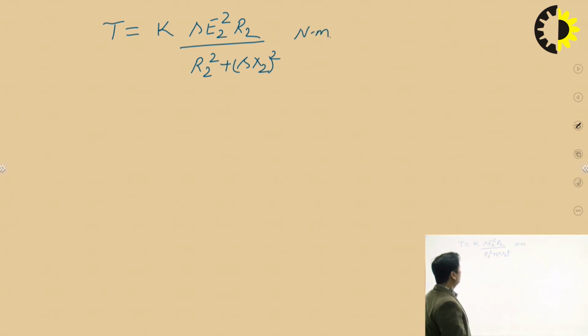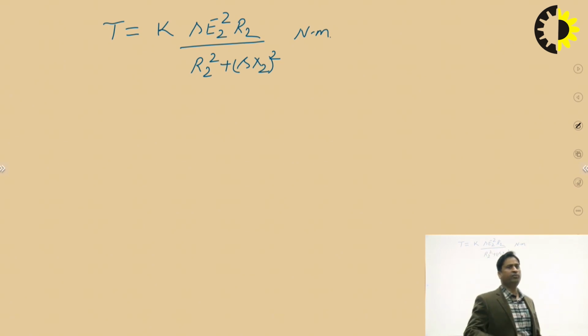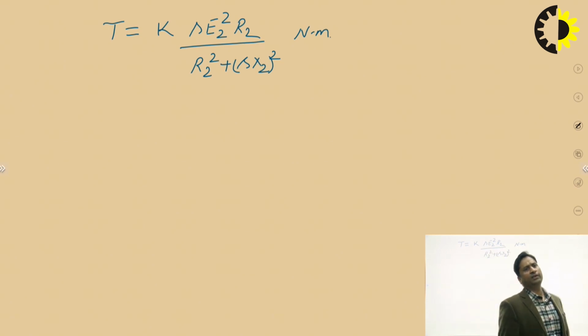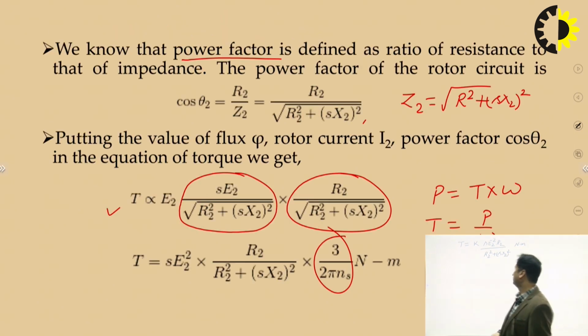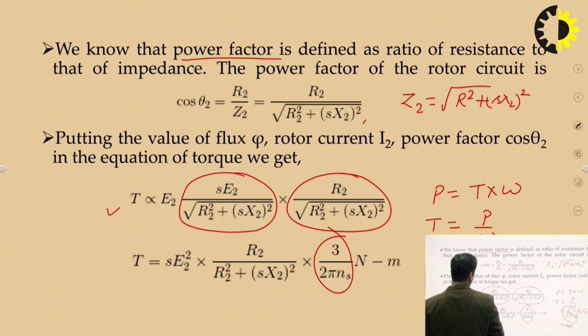So this is the torque equation or torque formula, where E2 is the rotor induced EMF, R2 is the rotor resistance, and X2 is the rotor reactance. Okay, so this is the torque formula or torque equation.